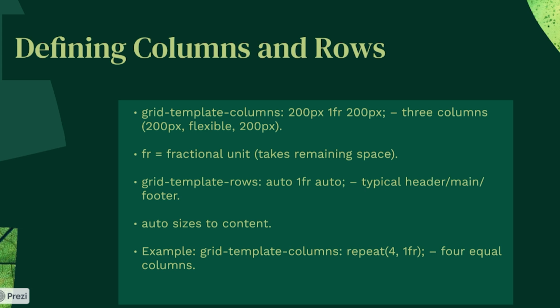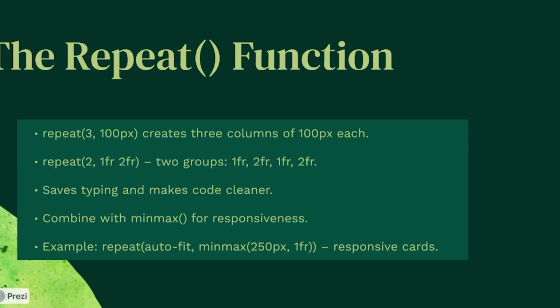To save time, we can use the repeat function to create multiple columns or rows with the same size. So, we covered grid-template-columns and grid-template-rows, and then the repeat function.